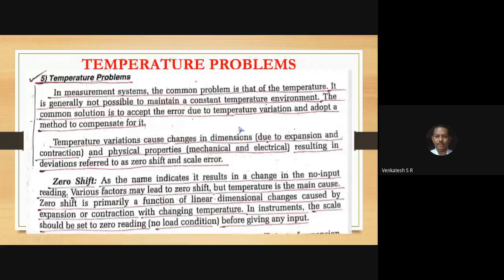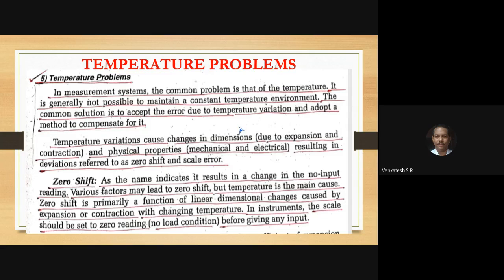Next, come to the point, temperature problem. As I told you earlier, if there is a very high temperature or a very low temperature in the instrument, there will be thermal contraction or thermal expansion, always, in the metal.